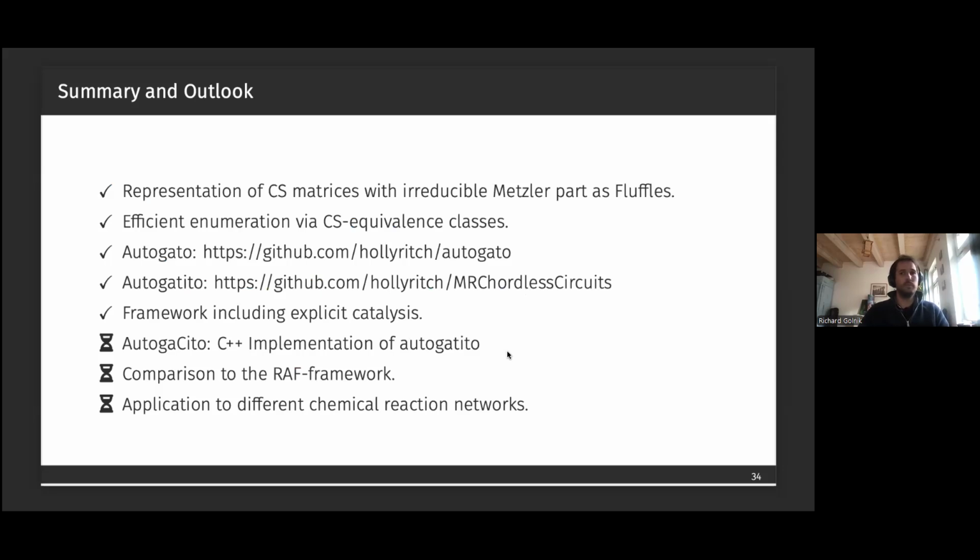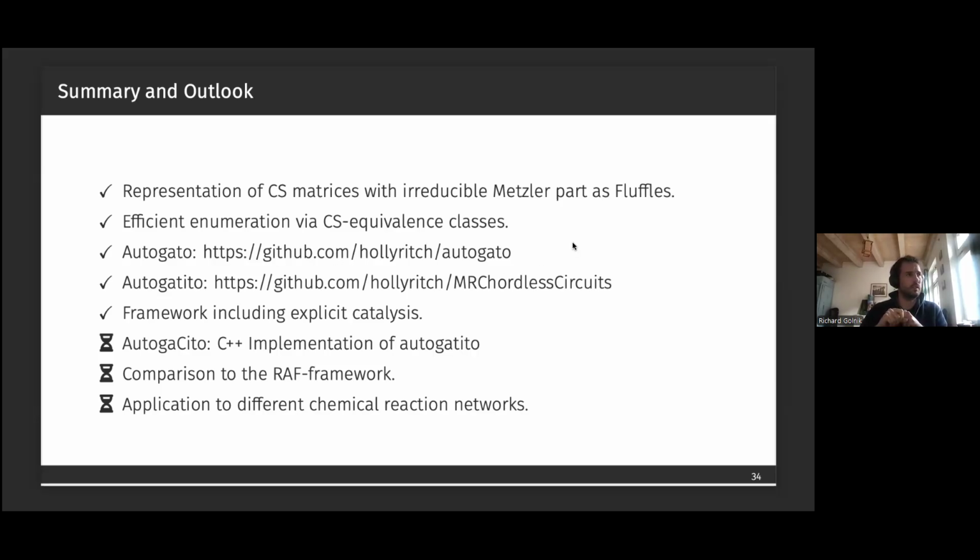Yeah, and to sum this up, we have found a representation of child selection matrices with irreducible Metzler part as fluffles, as I've shown you, in the directed bipartite Königs graph. And we found a way to enumerate these fluffles via child selection equivalence classes, reducing the computational complexity for enumerating the circuit nets that we need to find our fluffles.